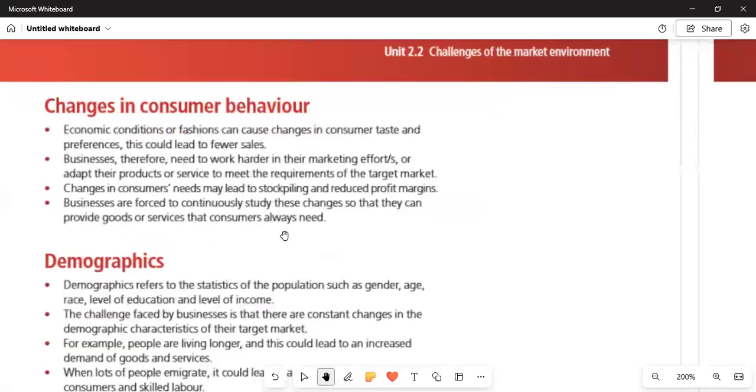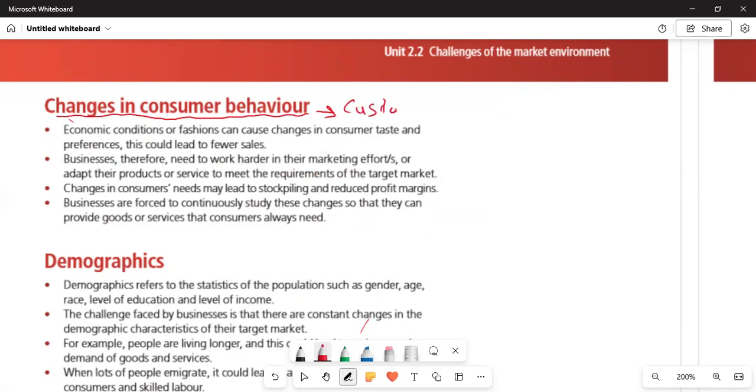Now we come to another challenge, which is changes in consumer behavior. When you talk of changes in consumer behavior, we're talking about customers' tastes and buying habits changing over time.